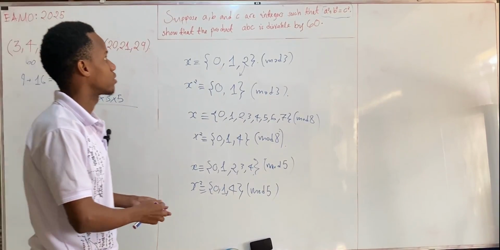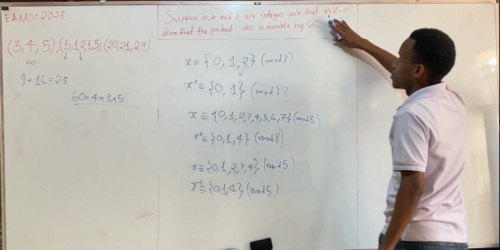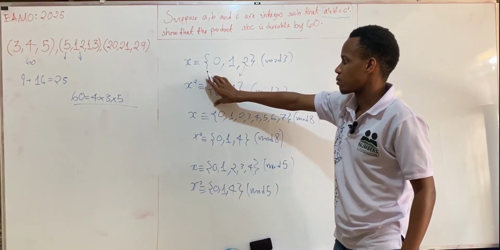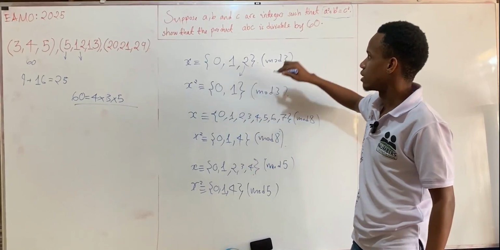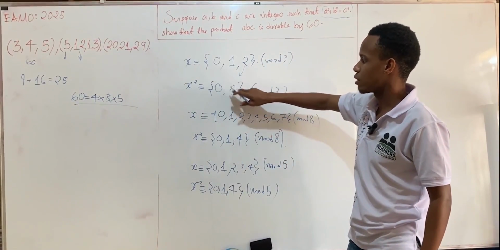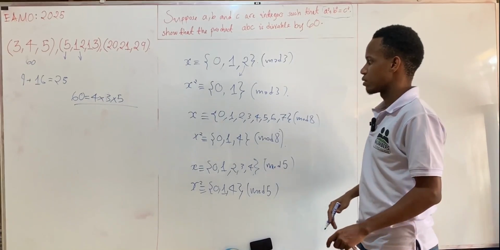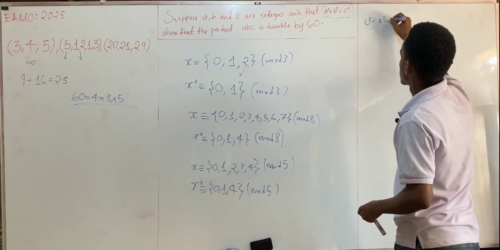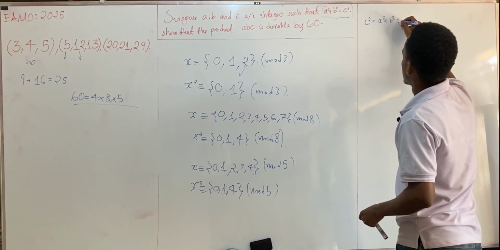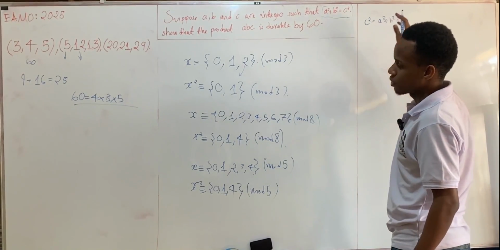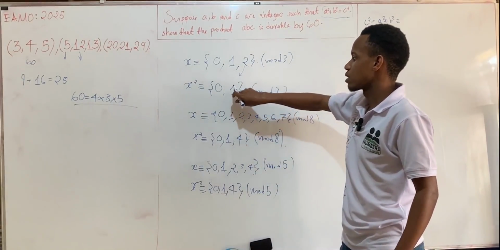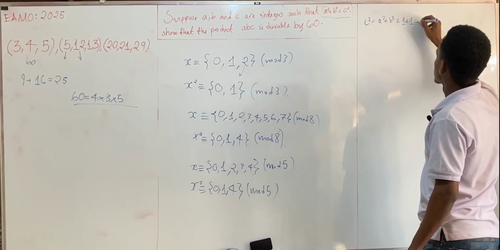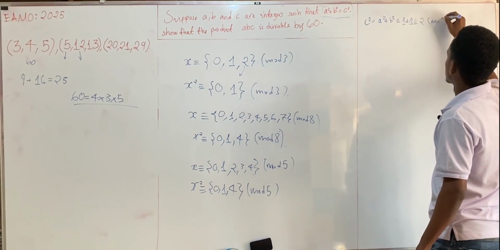And so now when we go back to the problem, suppose that none of a, b, or c is divisible by 3. Because perfect squares leave a remainder of 0 or 1, if none of them is divisible by 3, then they all have to leave a remainder of 1 modulo 3. But c squared equals b squared plus a squared. Now b squared and a squared are not multiples of 3, so the squares will be congruent to 1 modulo 3, and so the sum is 2 modulo 3.